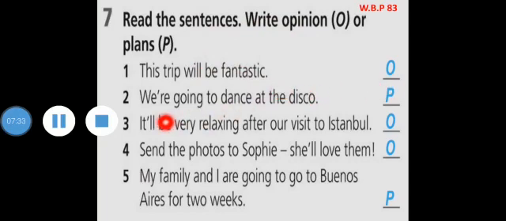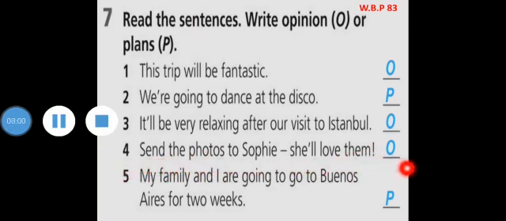We're going to dance at the disco. Plans, P. It will be very relaxing after our visit to Istanbul. Opinion, relaxing, adjective. Send the photos to Sophie, she will love them. Opinion. Yes. And number 5, my family and I are going to go to Buenos Aires for 2 weeks.